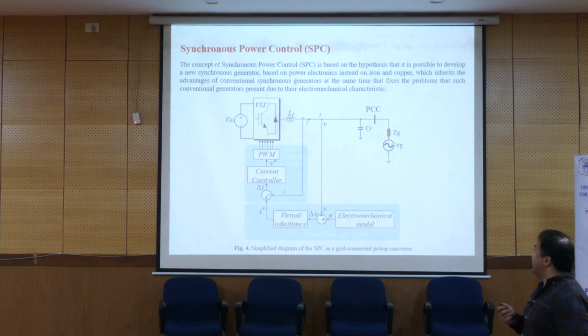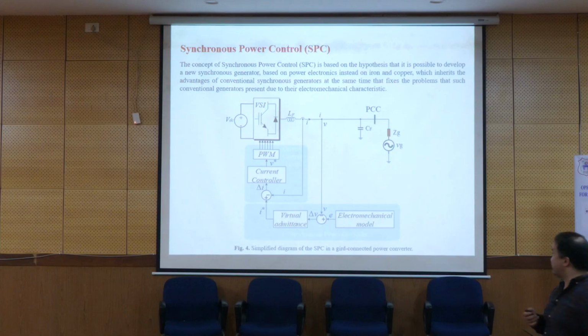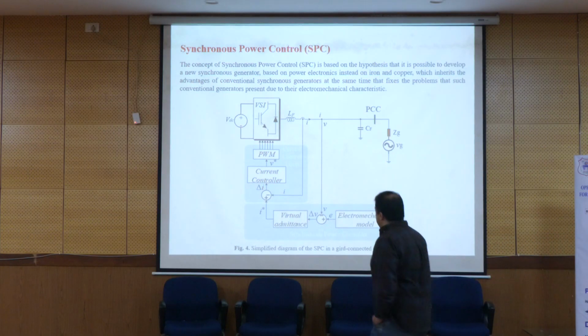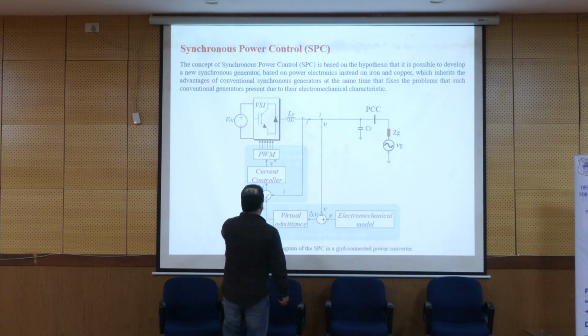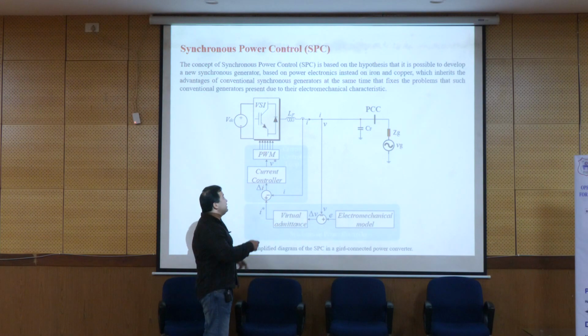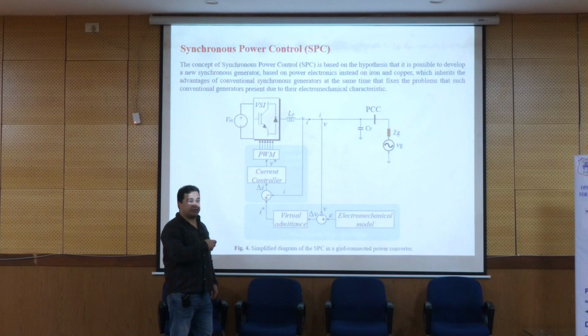So when we get back here, in the previous session we discussed this. We said that it can be 10 ampere, and then we control the converter and measure the injected current from the converter to the grid.